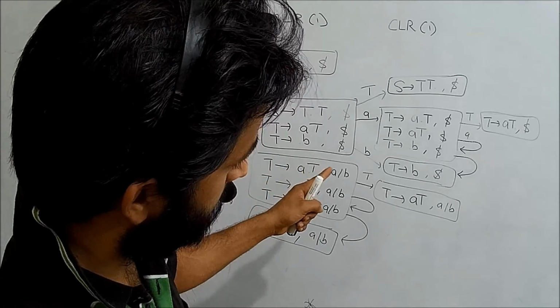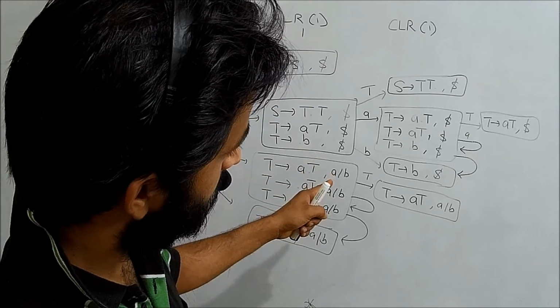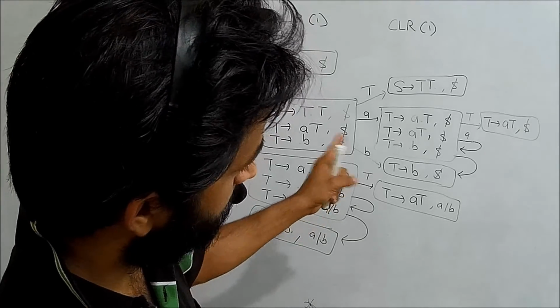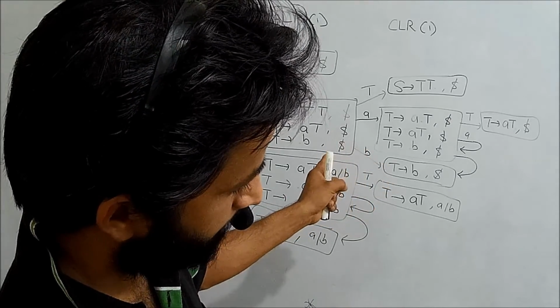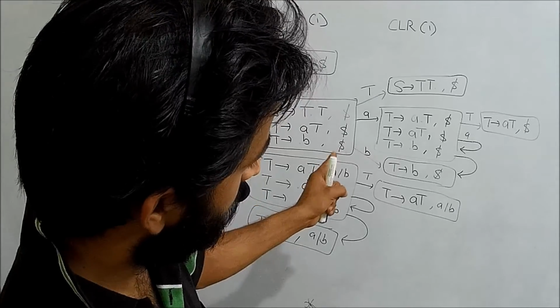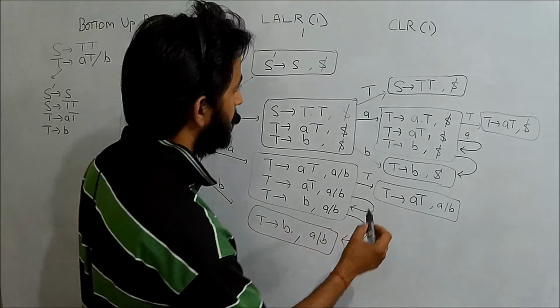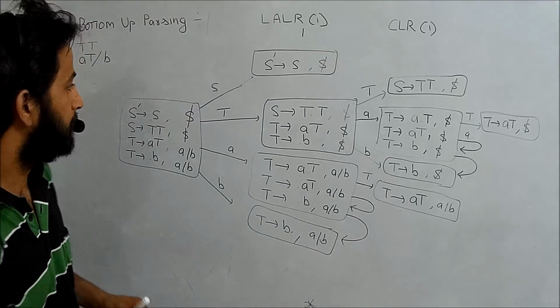T will be B and A. For the movement of B, it will remain same, for the movement of A and for the movement of T. Okay, so this is all about the canonical collection of LR1 items.